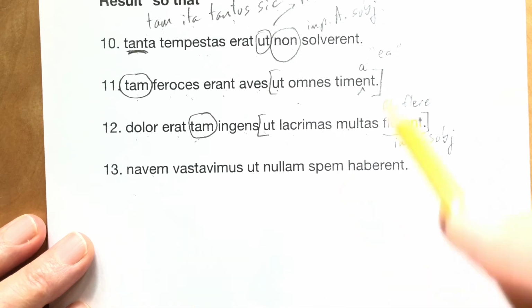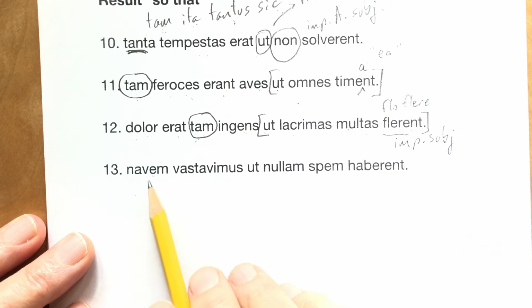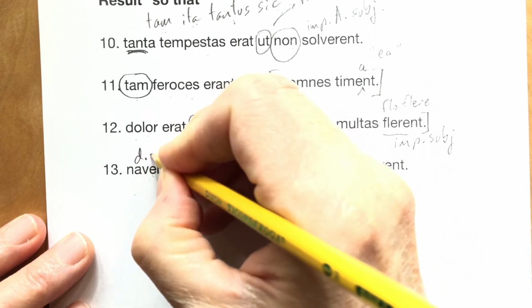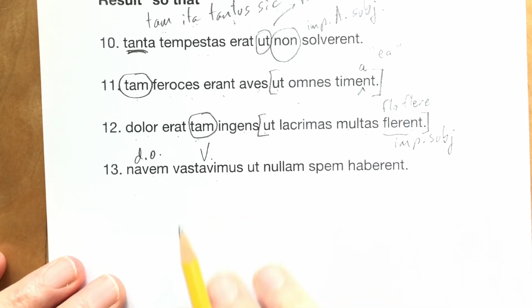Now, number 13 doesn't have the tam, ita, tantus, sic group. Navem vastavimus, ut nullam spem haberent. We destroyed the ship. Okay, that's a fact. It's in the indicative. We've got a direct object and a verb there. Direct object's navem. Vastavimus is our verb.